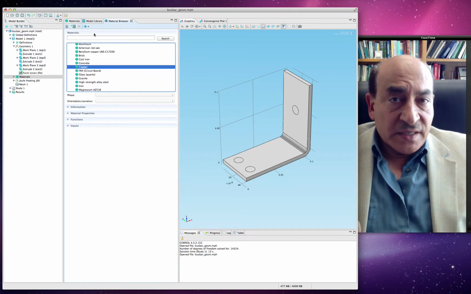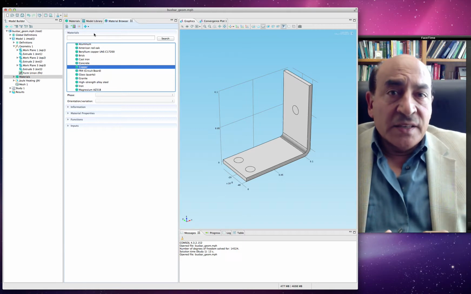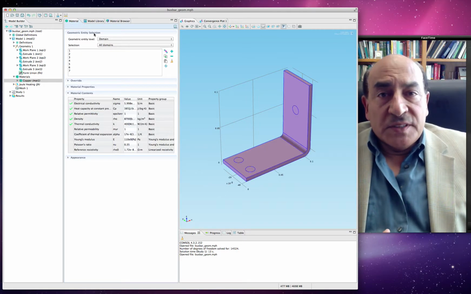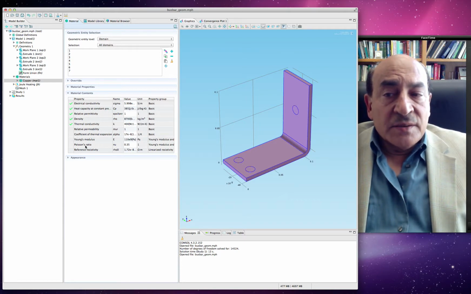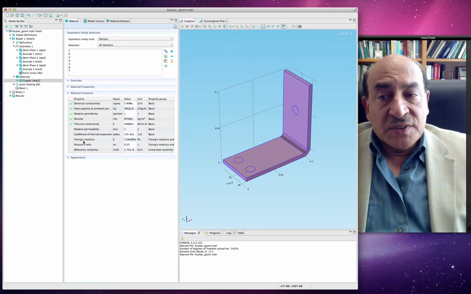Then it will take a little time to bring in the copper properties that are relevant with the problem, and all of the other properties are in the library. So you'll see that things like Young's modulus, Poisson's ratio, these things are required for mechanics, so they are not highlighted with green.